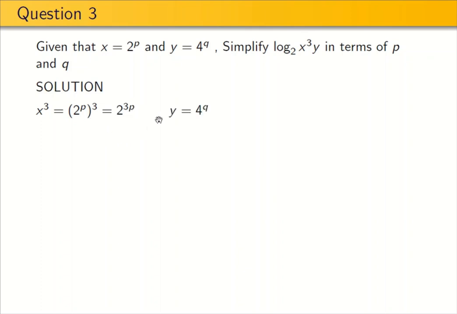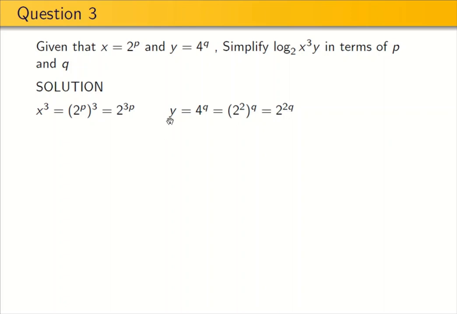Now y is just 4 to the power q, and I can rewrite this in terms of 2. 4 is the same as 2 squared, so 4 to the power q becomes 2 squared all to the power q, and then this becomes 2 to the power 2q.